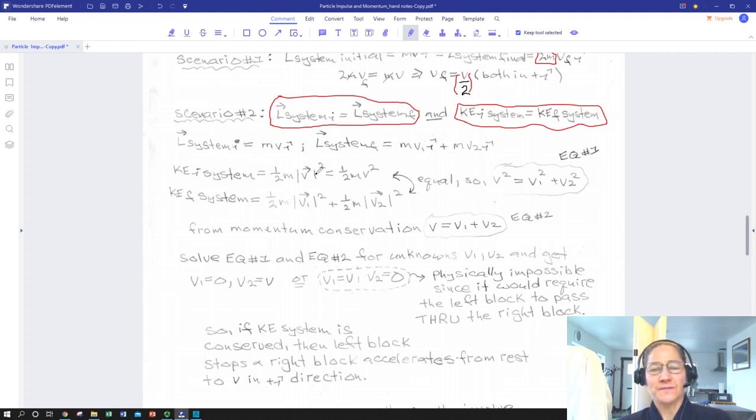The initial one was stationary, so in this case we're assigning the velocity of either 1 or 2 as v. So we know v initial, we don't know v1, v2 final. The final kinetic energy, 1/2 m v1 squared plus 1/2 m v2 squared, is going to have to equal the initial. So here's our conservation of kinetic energy.